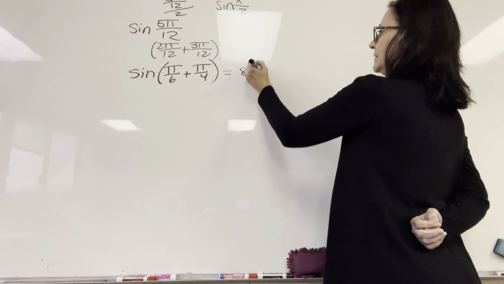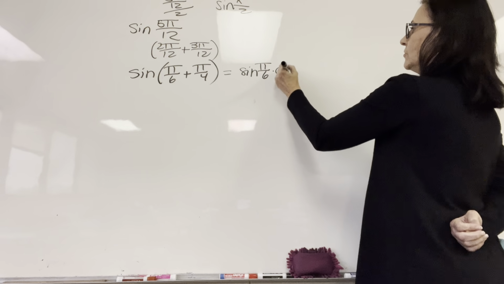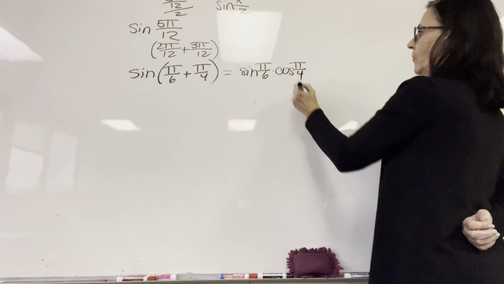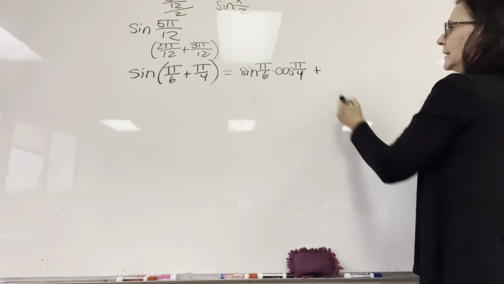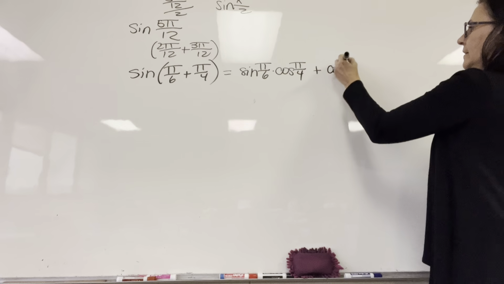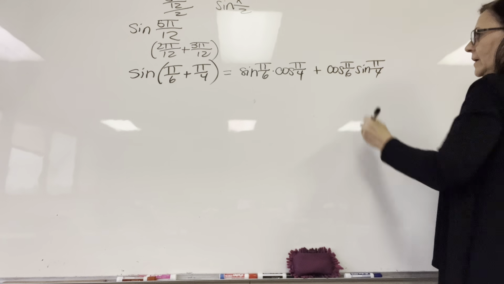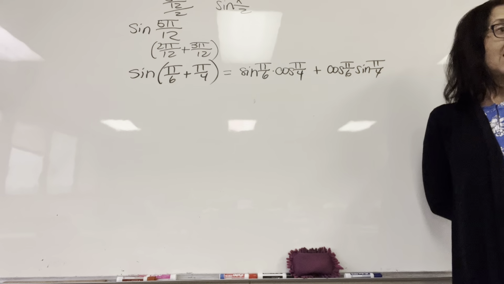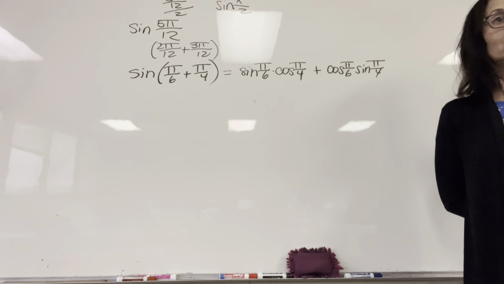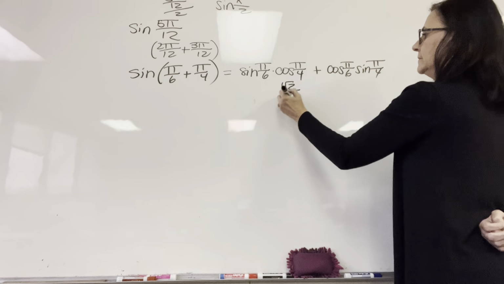Sine pi over 6 times cosine pi over 4, plus the cosine of pi over 6 times the sine of pi over 4. We already know the cosine and the sine of pi over 4. It's the same number. What is it? Square root of 2 over 2.